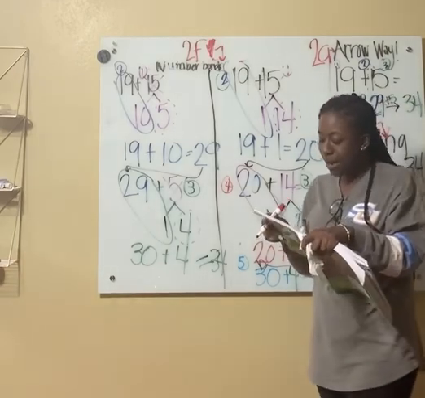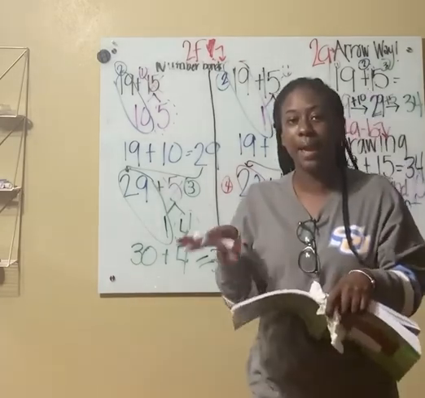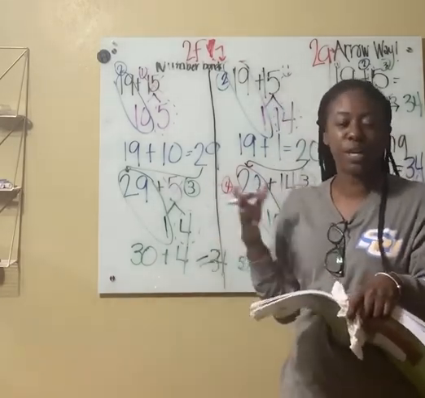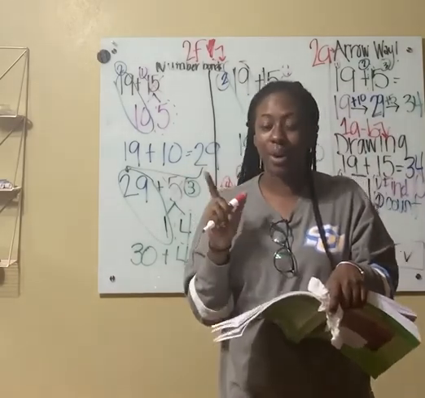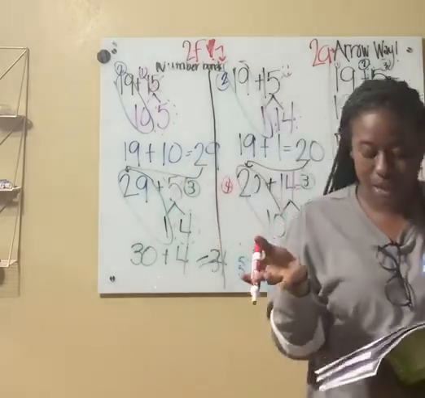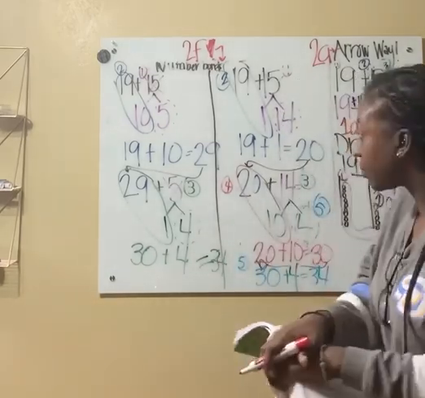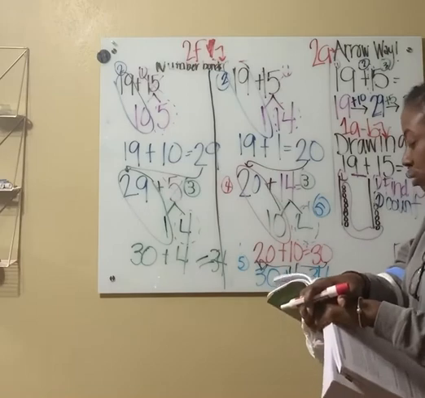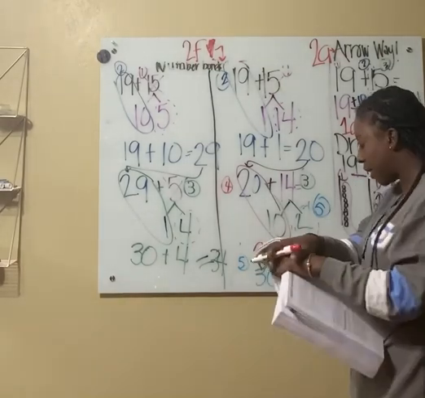Because I want you to break 18 up into 10 and 8, because they're the same thing. So either one would be broken up, but only one. So you break it up, and of course you break it up into 10 and 8. I want 8 broken down as well, to make it easier for yourself.